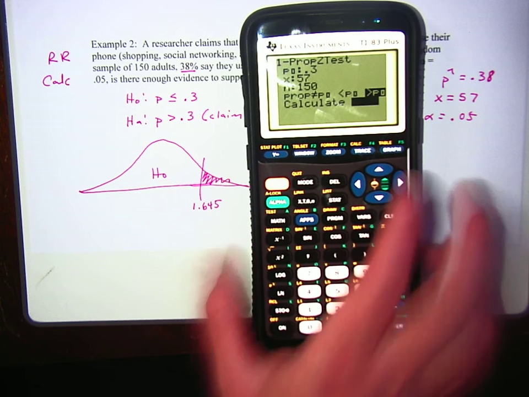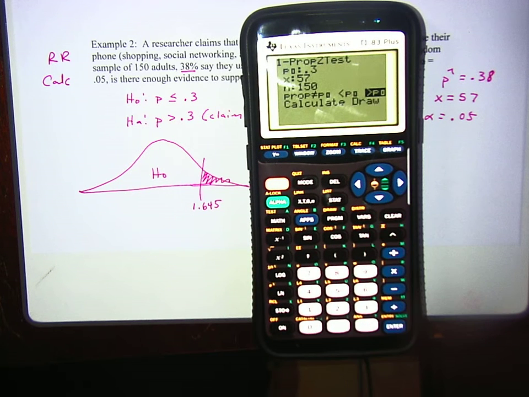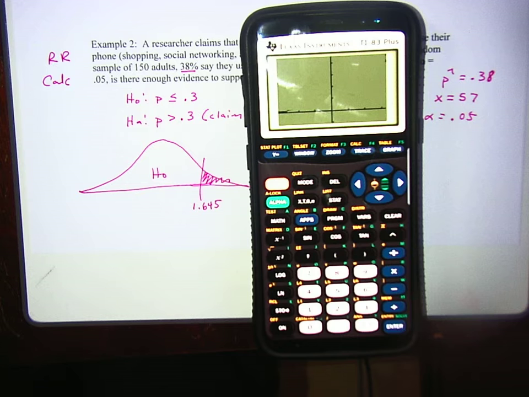Normally if you just hit calculate, it'll just tell you a z-score and a p value to compare to your alpha, but instead I would have it draw it because it looks prettier. And it makes more sense to me. The 2 sample stuff is what's going to be showing up in chapter 8. That's where you compare 2 populations to each other.